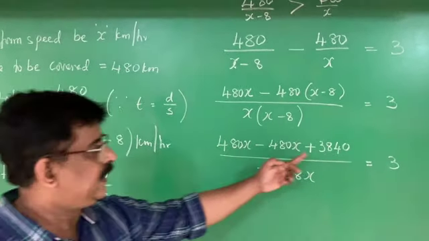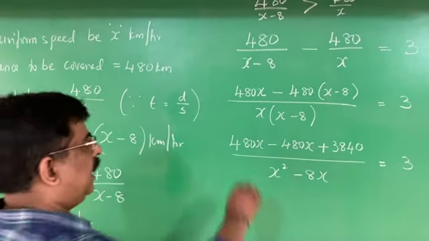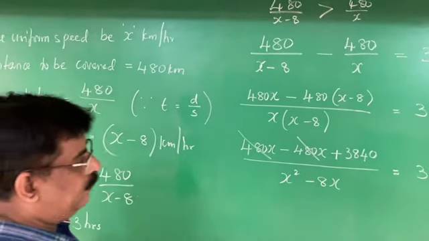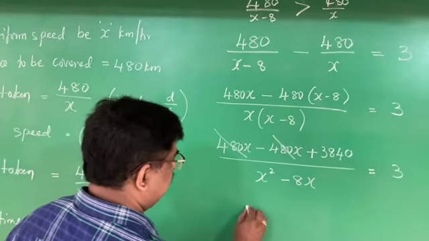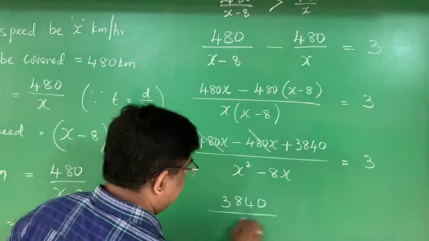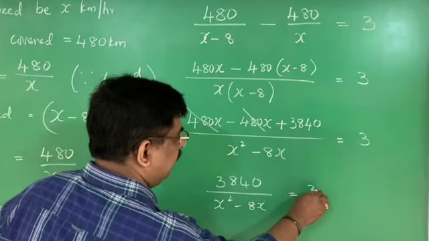Now, seeing this, you can easily understand, you can cancel these two. This is plus, this is minus. I can cancel this. Then I want to cross multiply. I write one more step. 3840 by x square minus 8x is equal to 3.